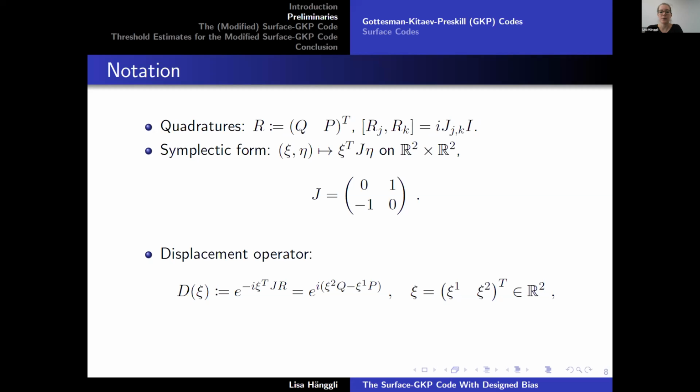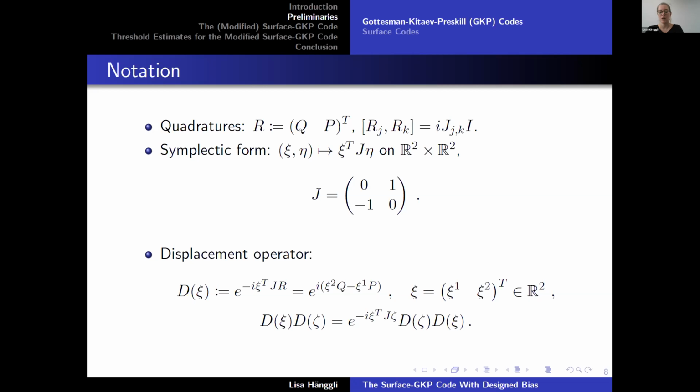The commutation relations of two such displacement operators can be written as given, in terms of the symplectic inner product. This means that the two operators commute whenever the symplectic inner product of their vectors, namely psi and zeta, is an integer multiple of 2 pi.